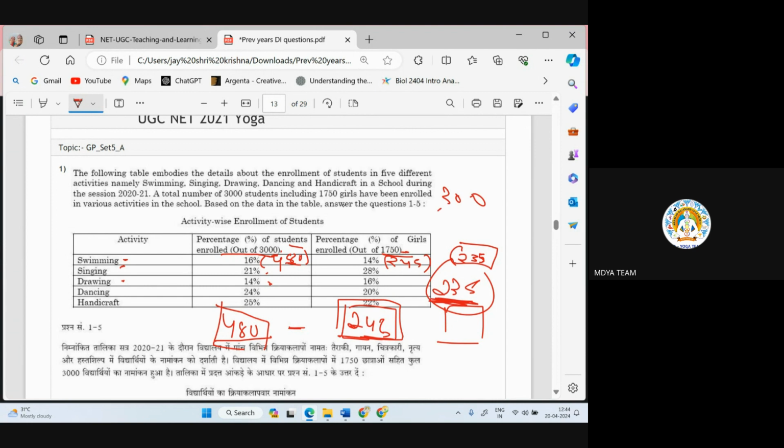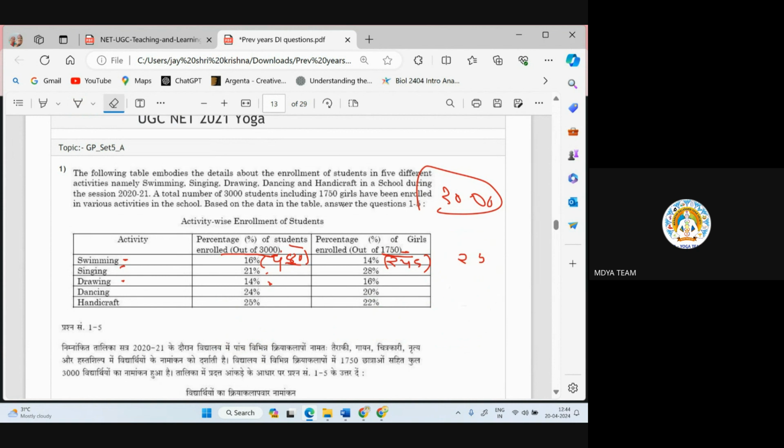Total will be 3000, number of boys in swimming will be 235. Is it 235 upon 3000 into 100? Yes, part upon total into 100. But it would not be like that, because this 3000 also includes the number of girls. I was just giving an example to make you think and leave you with a question whose answer you will get in upcoming questions.